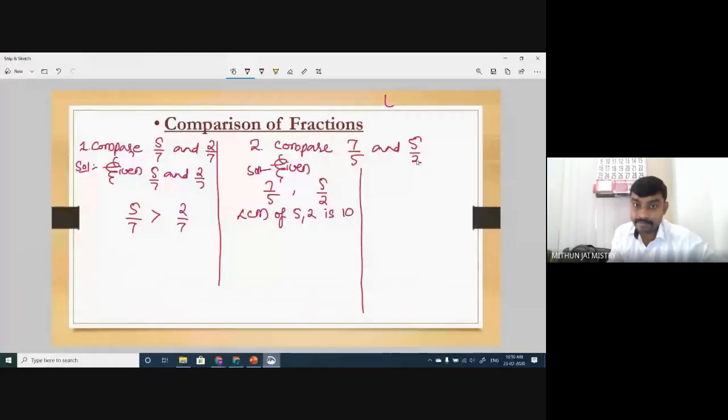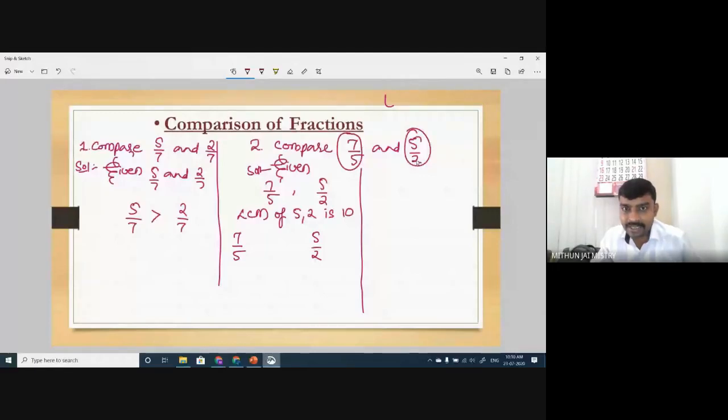Now, let me write 7 by 5, that is the given first fraction, and then 5 by 2, that is the given second fraction, right? Now, what will my attempt be? My attempt will be in such a manner that the denominator 5 should become 10, and the denominator 2 also should become 10, by which unlike fractions will be changed into like fractions.